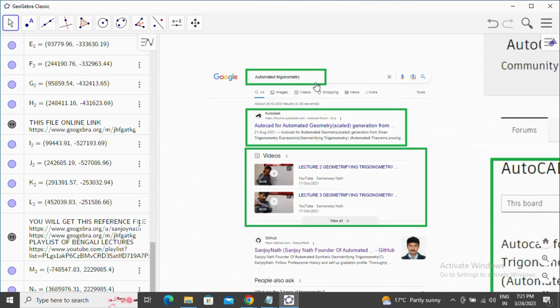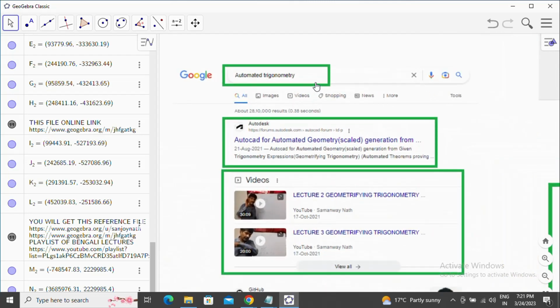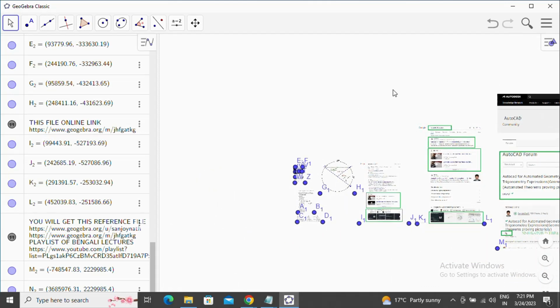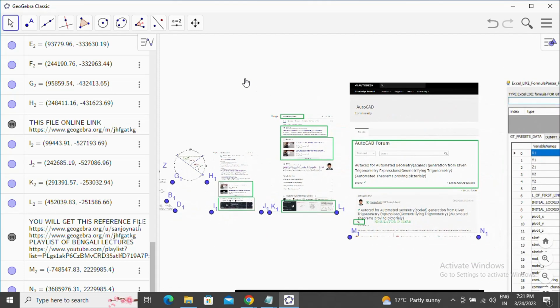This one is the link. If you search with automated trigonometry, then you will get this link. Here you will get the exe file as an attachment, and there are several Bengali lectures on geometrifying trigonometry and its theory, how it works. That will help you to understand the way to think about geometrifying trigonometry.